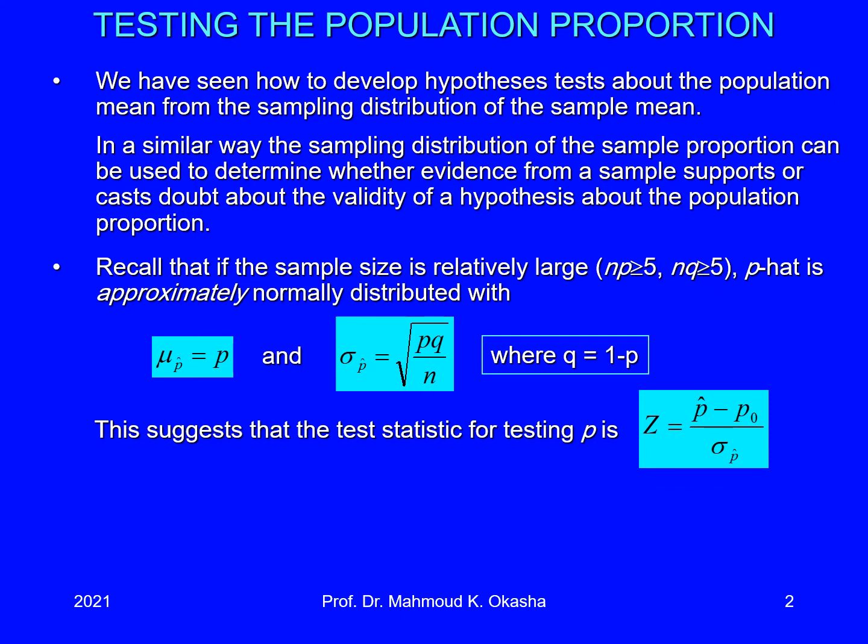This suggests the z value as z equals p hat minus p naught, the null value, over the standard error sigma p hat. This value z is approximately standard normally distributed under the null hypothesis H naught: p equals p naught.